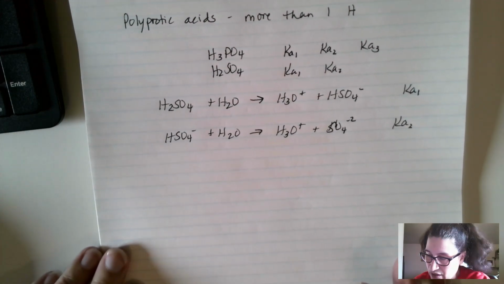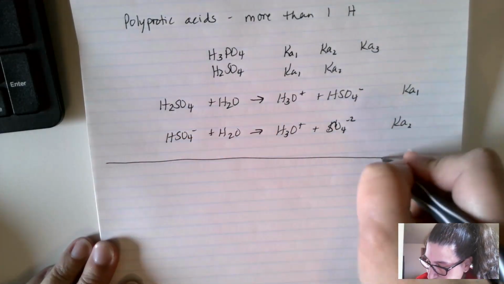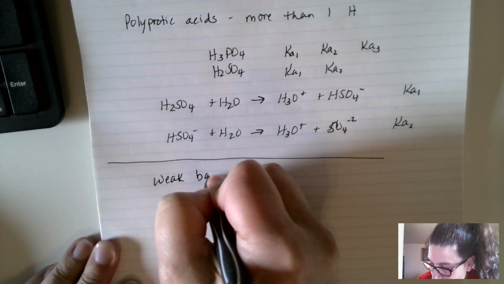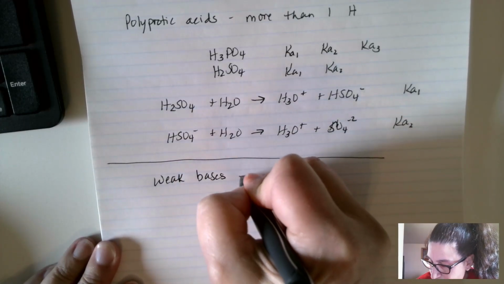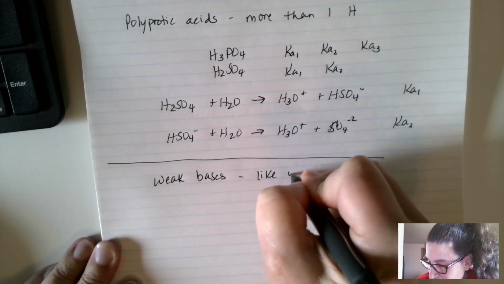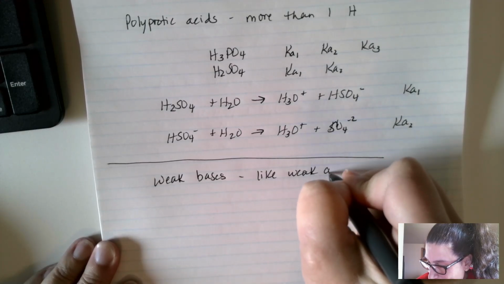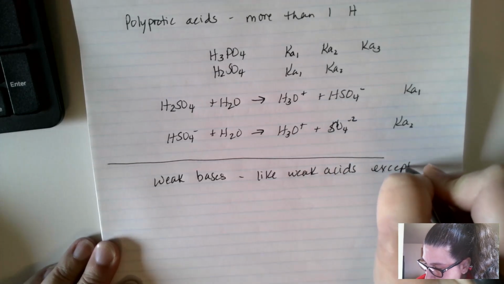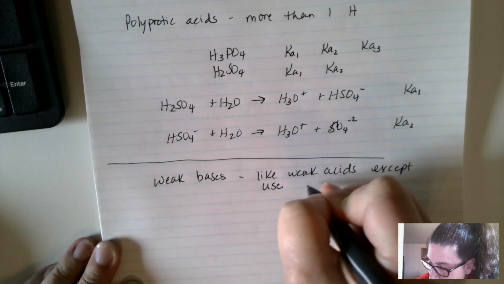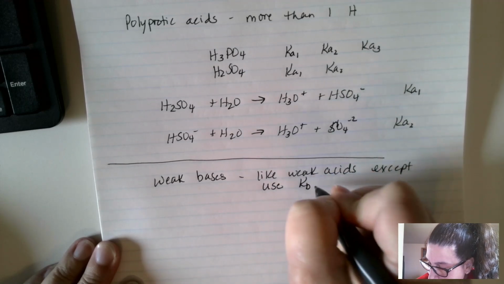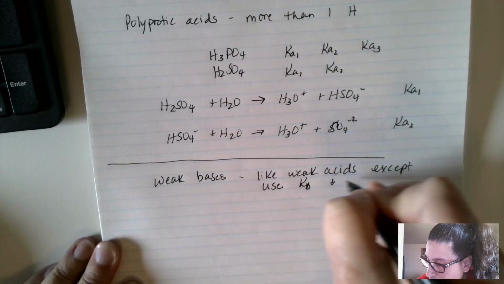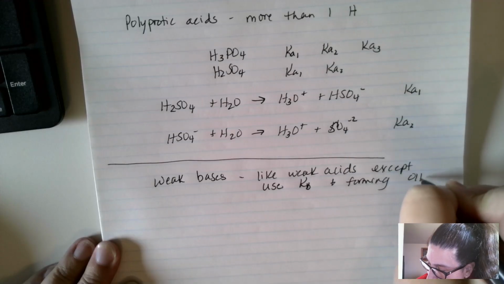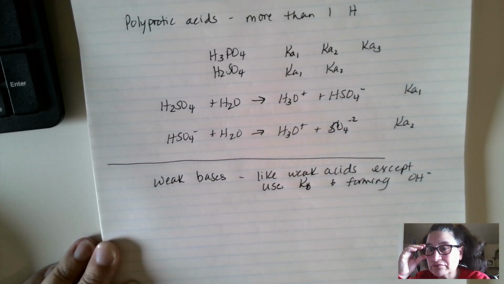Alright, now we want to talk about weak bases. Now, weak bases are going to work just like weak acids, except we are going to use Kb, and we are forming OH-.